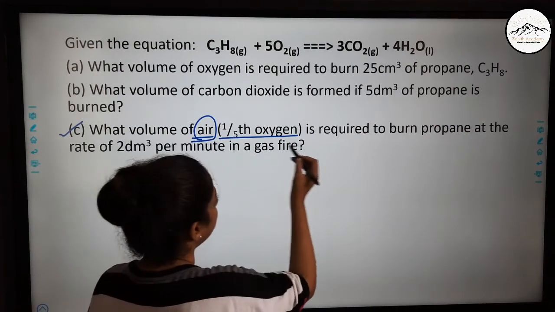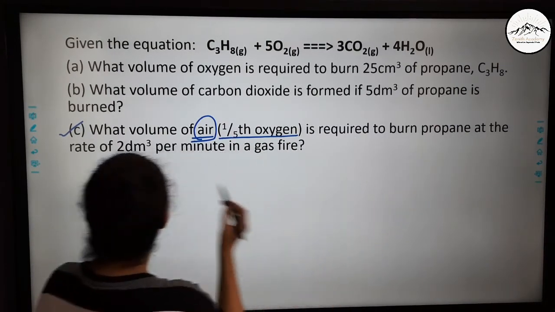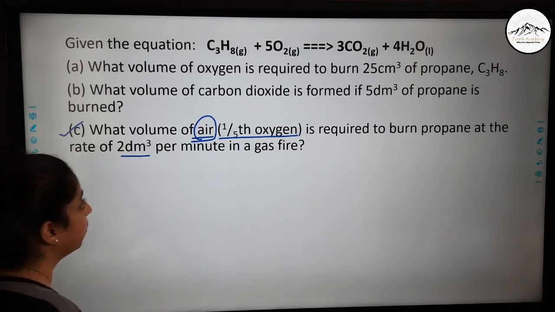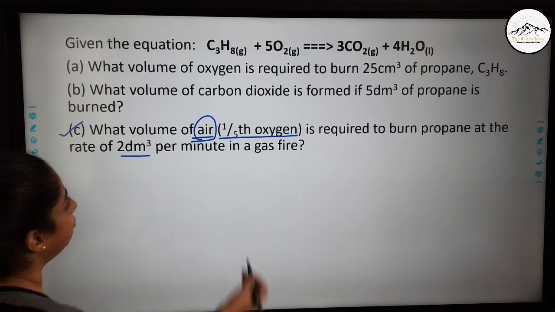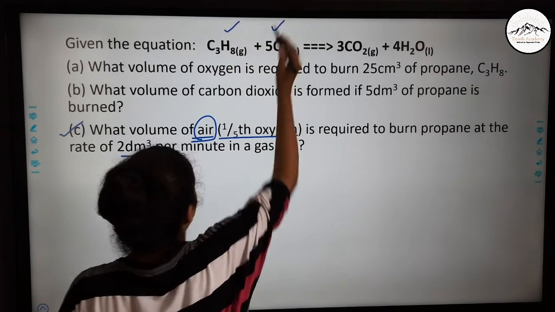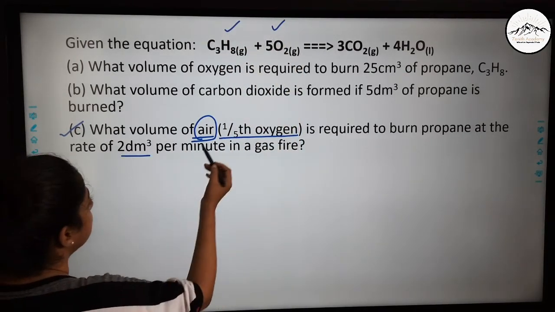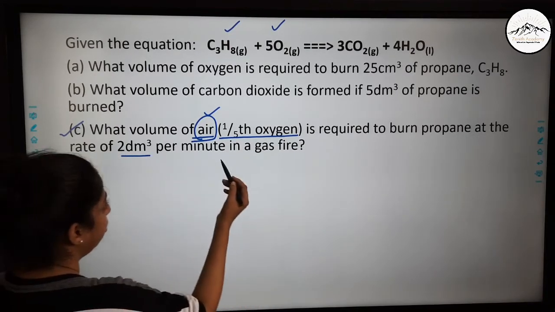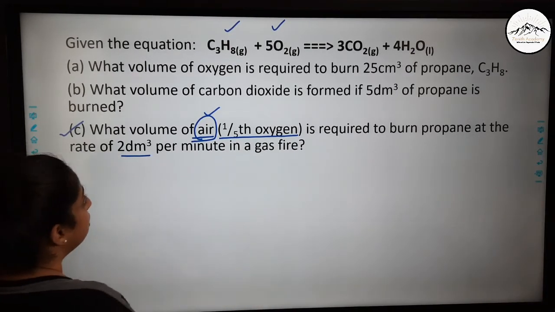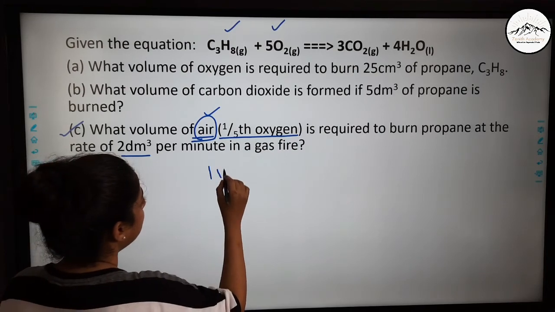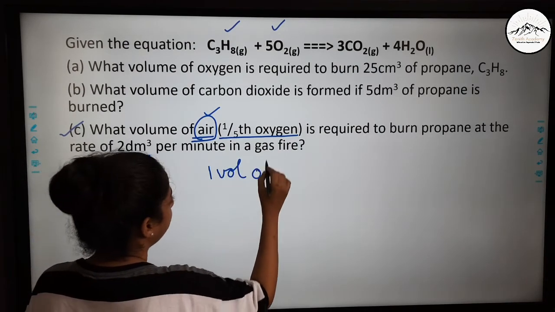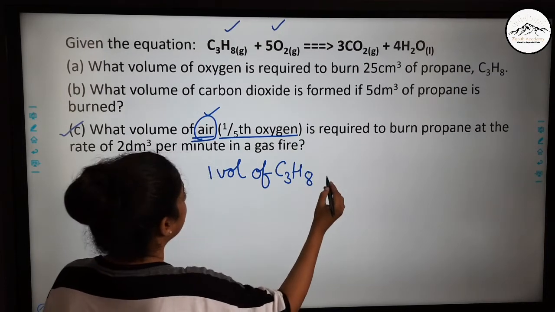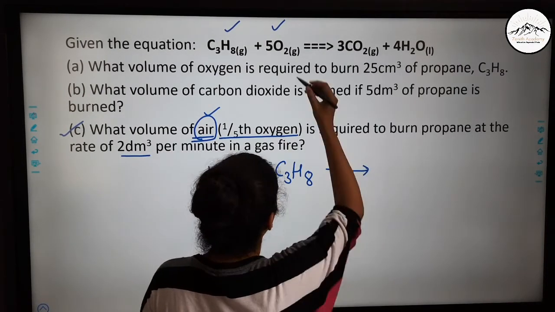So what volume of air is required to burn propane at the rate of 2 decimeter cube per minute in a gas fire? So now we have to take this ratio. Okay. So we know that 1 volume of propane, that is C3H8, requires how many volumes of oxygen?